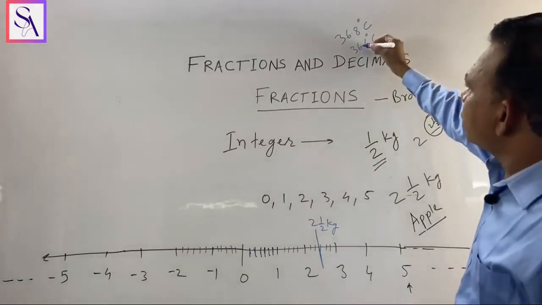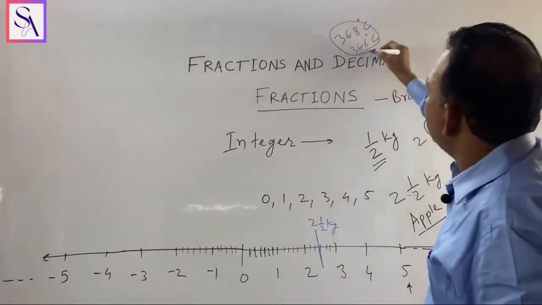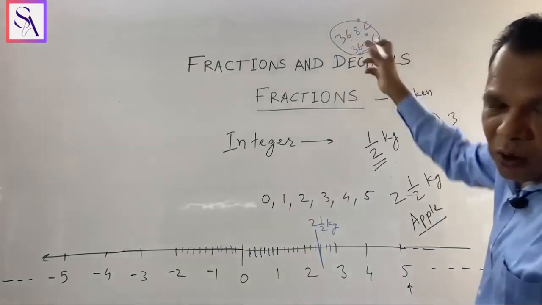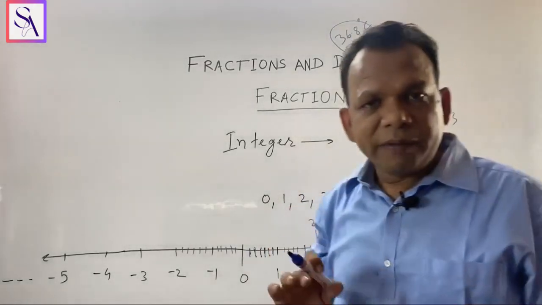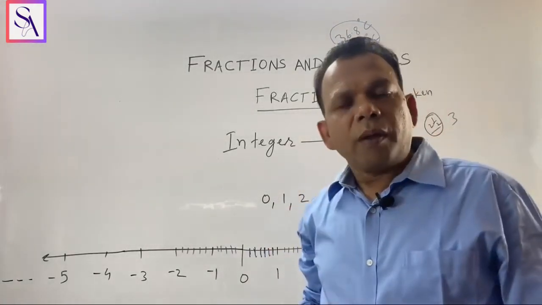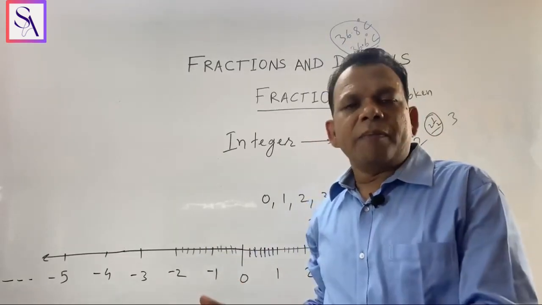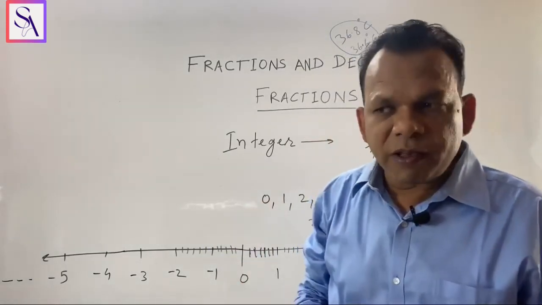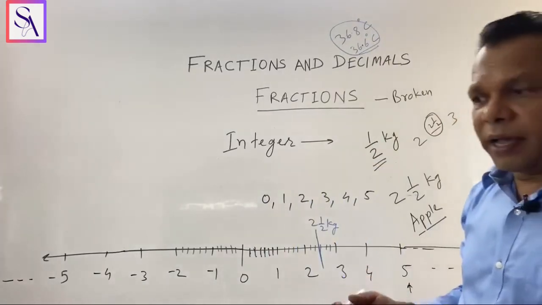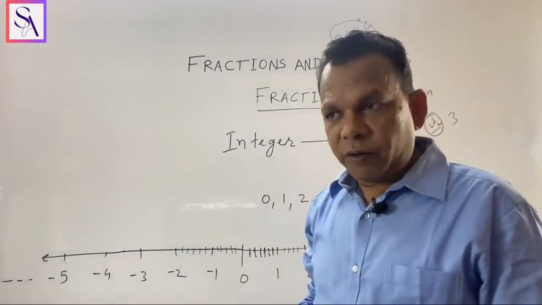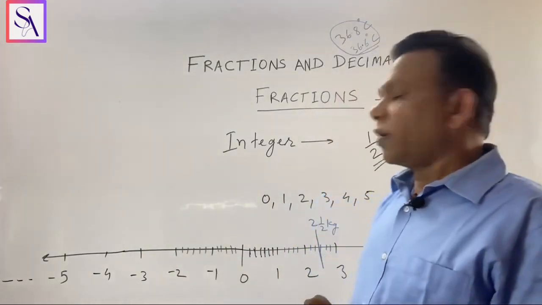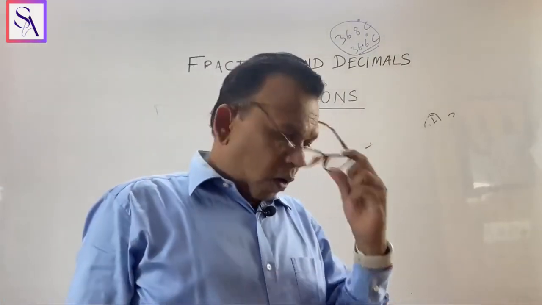So 0.6, it is in decimal, so it is also a fraction. We are going to see how fractions and decimals are related. But in many things like measuring apples, or measuring your pizza, or dividing things among 4, 5, 6 people, we are using fractions.